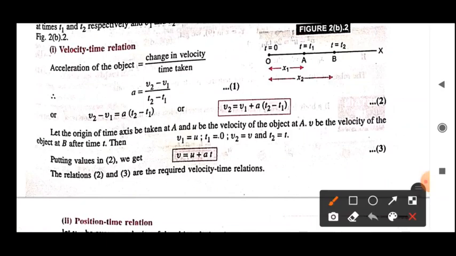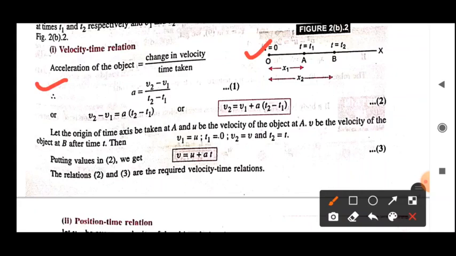For this one, suppose a particle starts its motion at t equal to 0 from point O. After some time at t equal to t1 it is at A, and at t equal to t2 it is at B, and the distance of point A from O is x1, and the distance of point B is x2 here. So here you can see what the acceleration of the object will be: the change in velocity over the time taken.